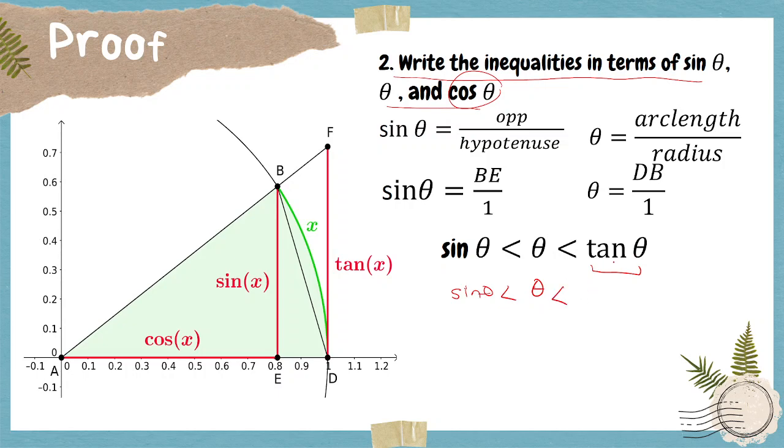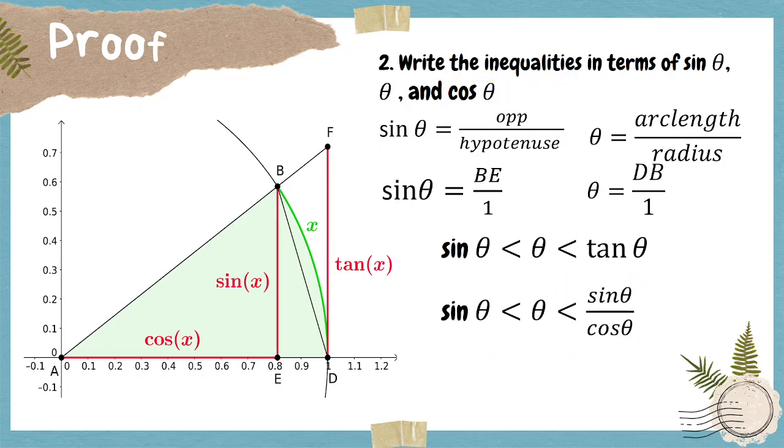What is the trigonometric identity? Tangent theta is equal to sine theta over cosine theta. So we have already built our inequality. Now we would apply the squeeze theorem here, no?